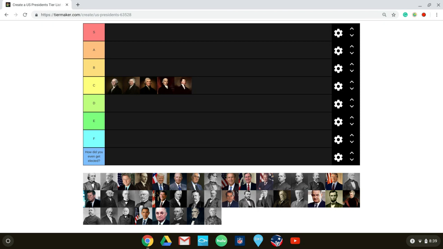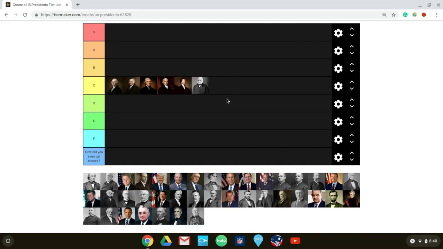He did maintain the era of good feeling, period of very little, as aforementioned, political polarization or conflict, domestic or international, which is something that few of these individuals down here could really accomplish. Even so, can't put him any higher because I don't condone slaveholding. Slavery is an awful institution. C tier.